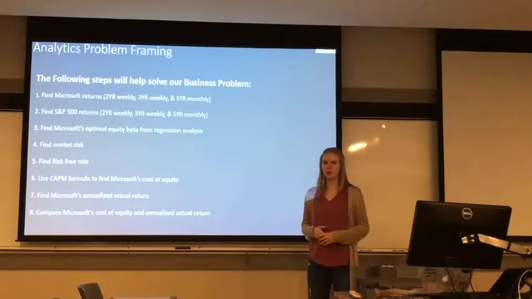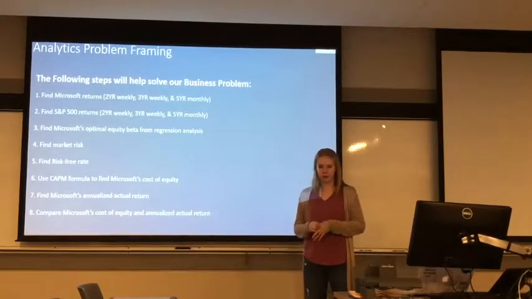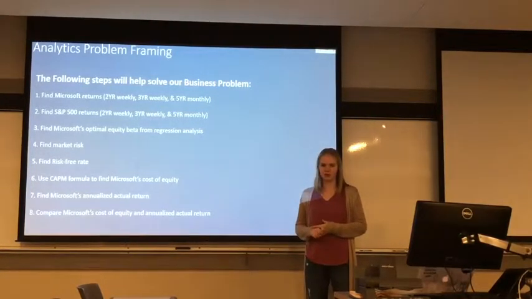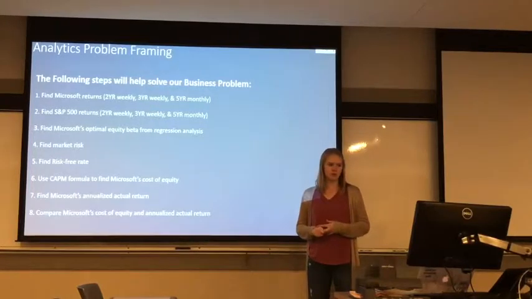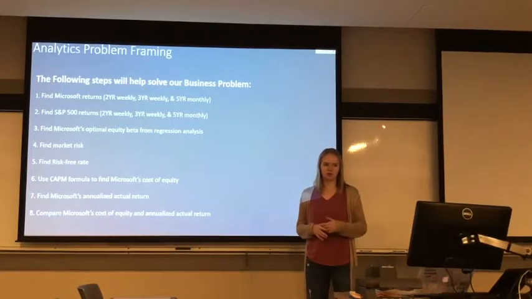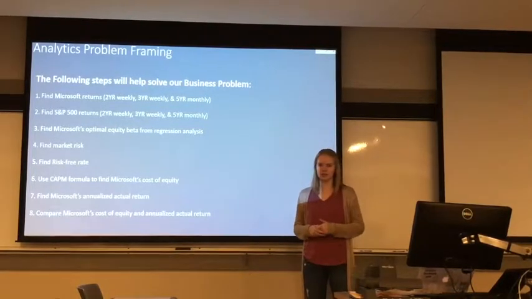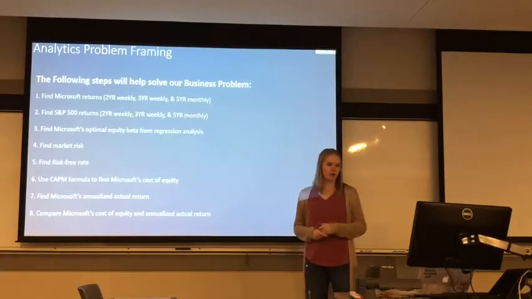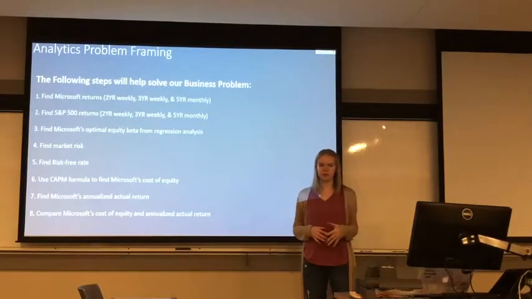From our equity beta, we will solve for the market risk and the risk-free rate. With those numbers, we will use the CAPM formula to find Microsoft's cost of equity and then use Microsoft's annualized actual return. And then we will compare the cost of equity to the annualized actual return.